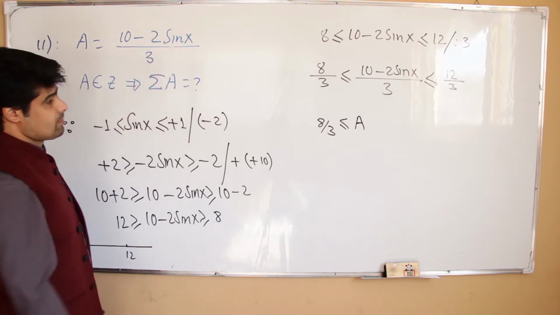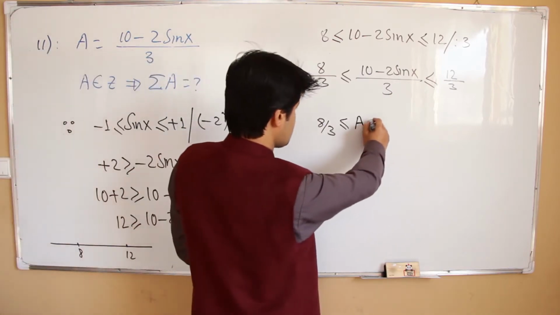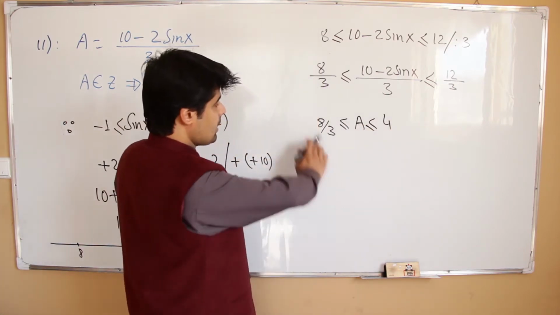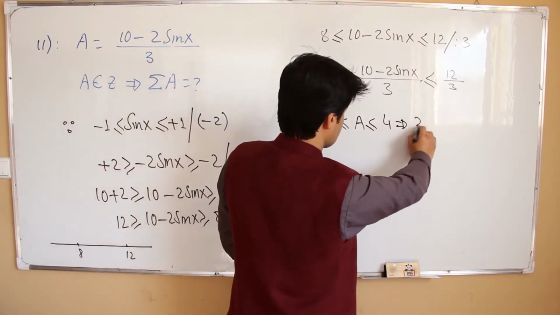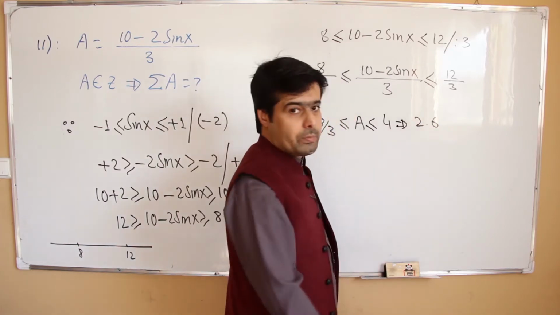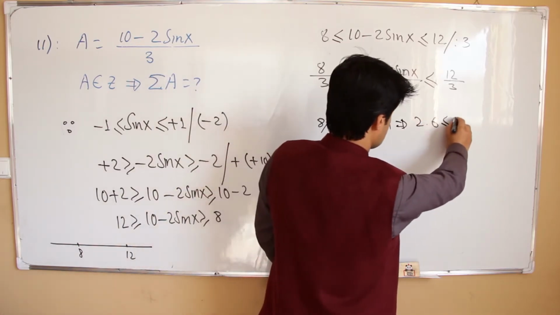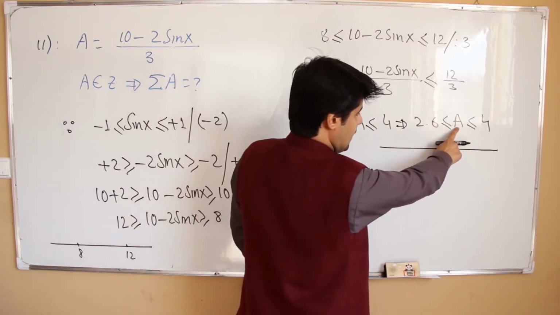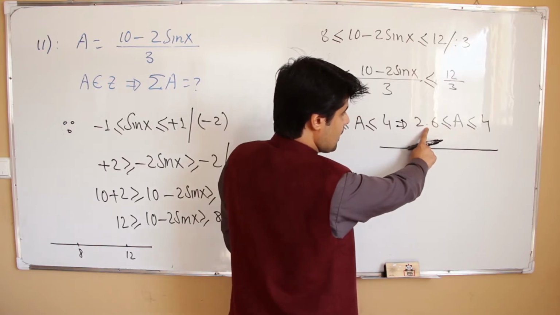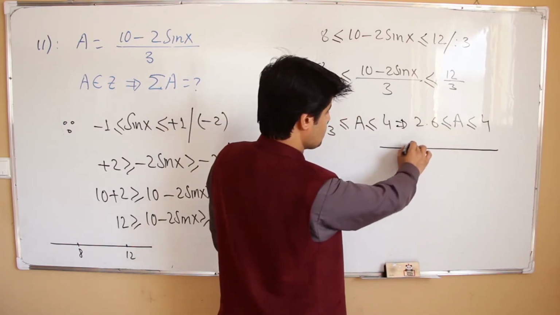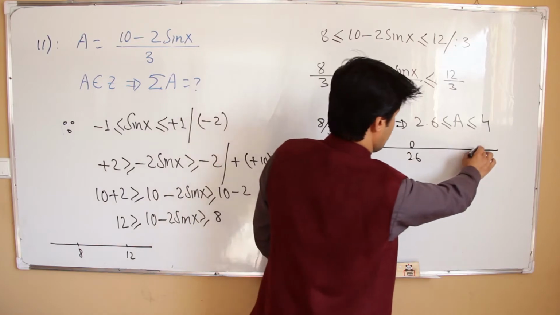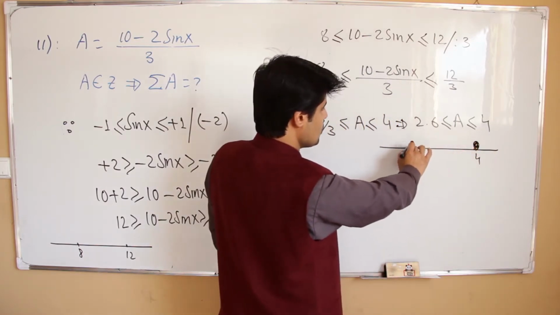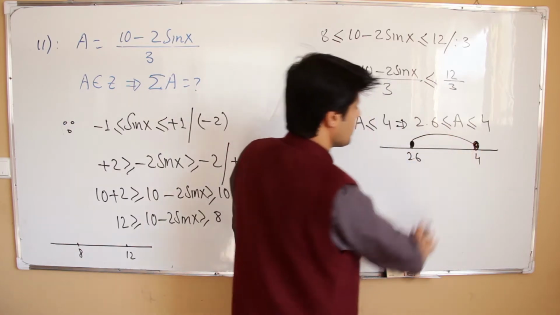So A is smaller than 12 by 3, which is 4. 8 by 3 is something like 2.6, I think. So 2.6 is smaller than A, and A is smaller than 4. Now what does it mean? It means A varies from 2.6 up to 4. It includes 4 and 2.6 and what is between them.